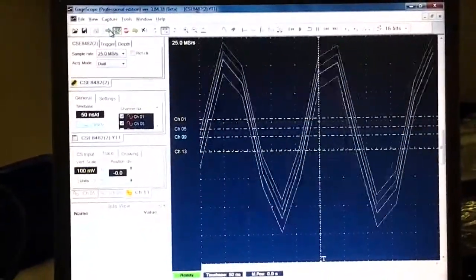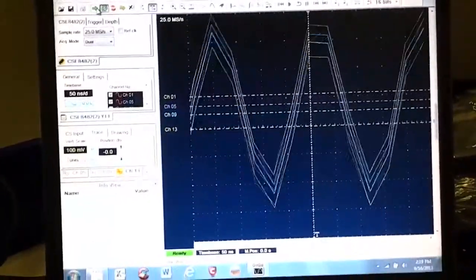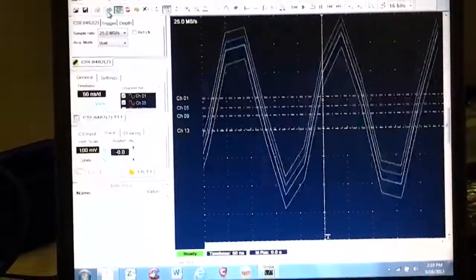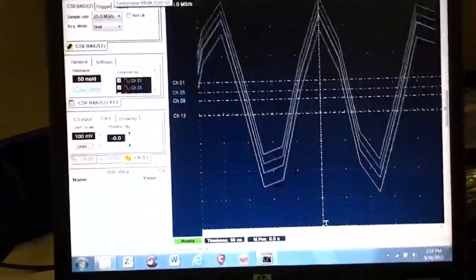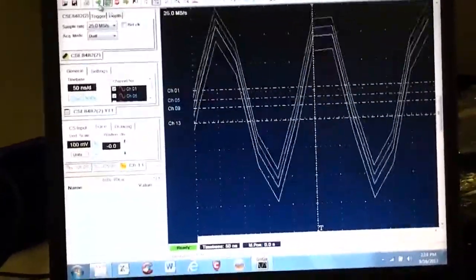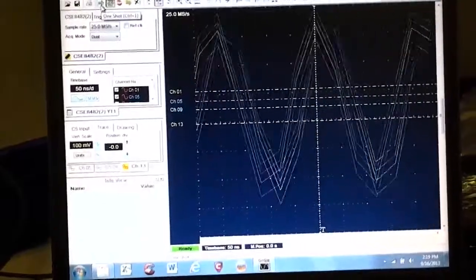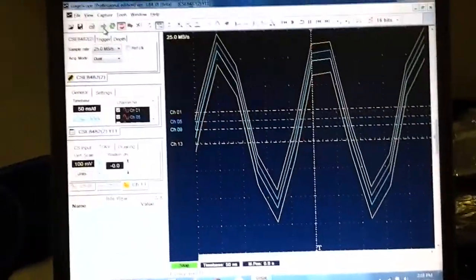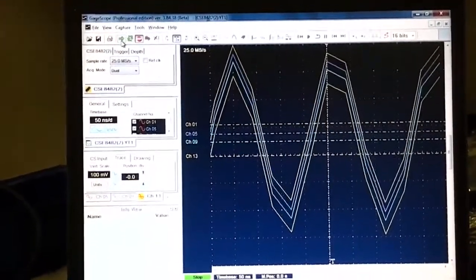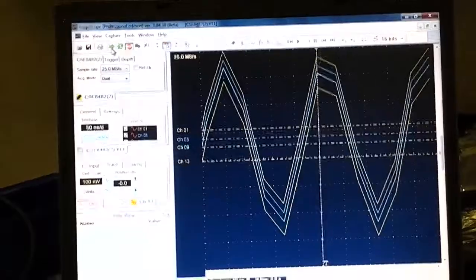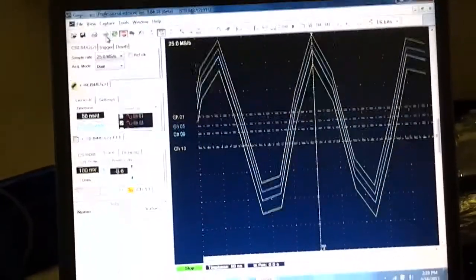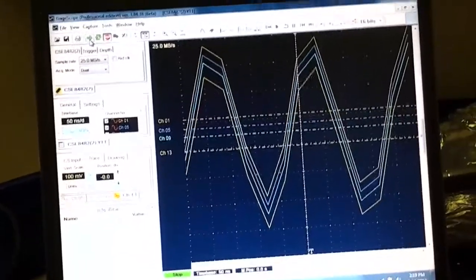Here we're showing the 4 active channels from the Octopus cards. We're sampling at the maximum for these cards at 25 megasamples per second, and we're showing the waveforms on a 50 nanosecond per division time scale. The ensemble of waveforms moves around, but if I stop it, I can just take single shot waveforms and see that the simultaneity across the various channels, even on different cards, is excellent.